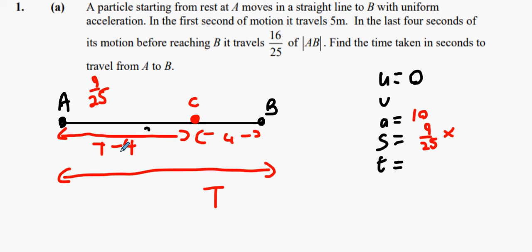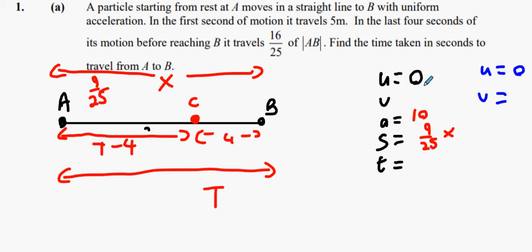Well, let's find the full distance of AB, or x as I'm currently calling it. What is the full distance x? I'll use UVAST over here as well. u, 0. The fact that both u's are 0 makes this incredibly easy, okay? v we don't care about. a is 10. s is x, which is the full distance.